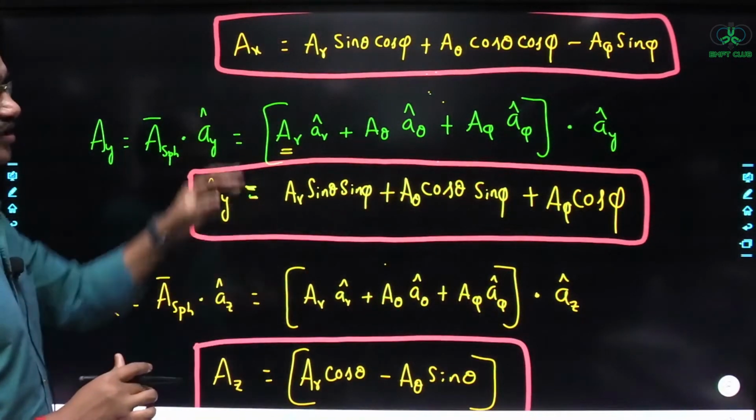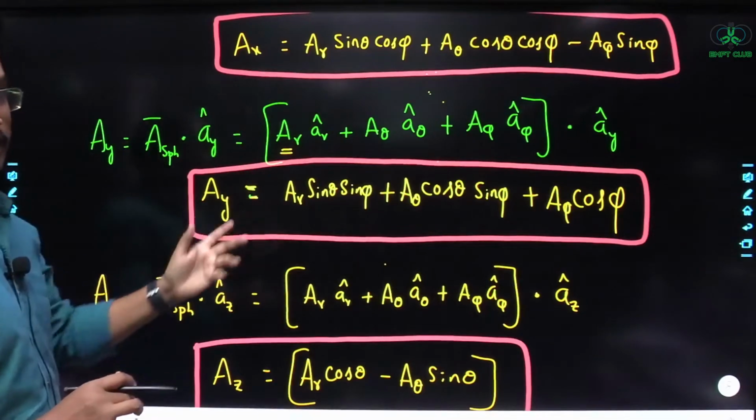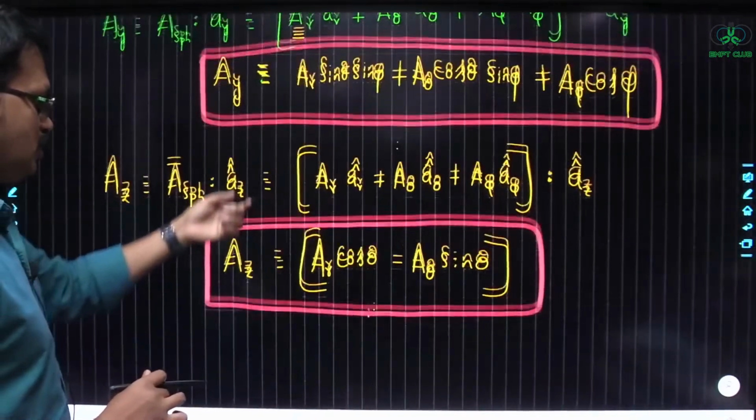So we got AX, AY and AZ. So we can represent these three in terms of matrix form, right? So how can we represent?